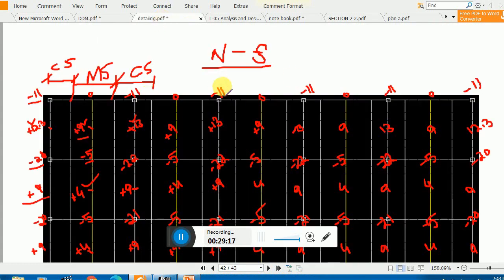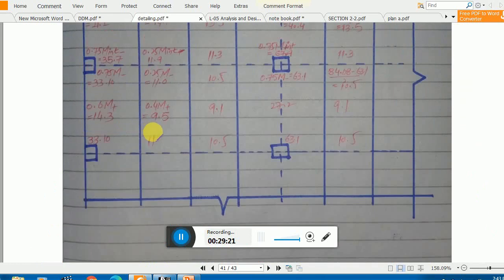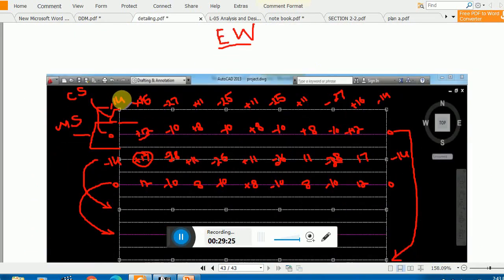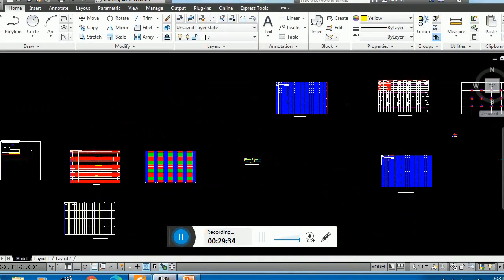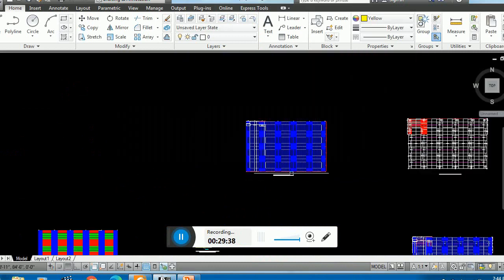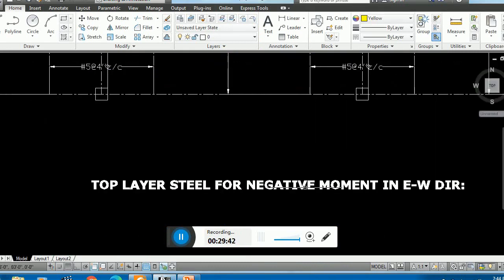Let me show here, this is north south direction, and in east west direction I rounded things to make it simple. Now minus 14 and minus 27, I have to place bars now for these moments, minus 14 and minus 27. What I placed, so this is my reinforcement detailing in north south direction, and this is now.